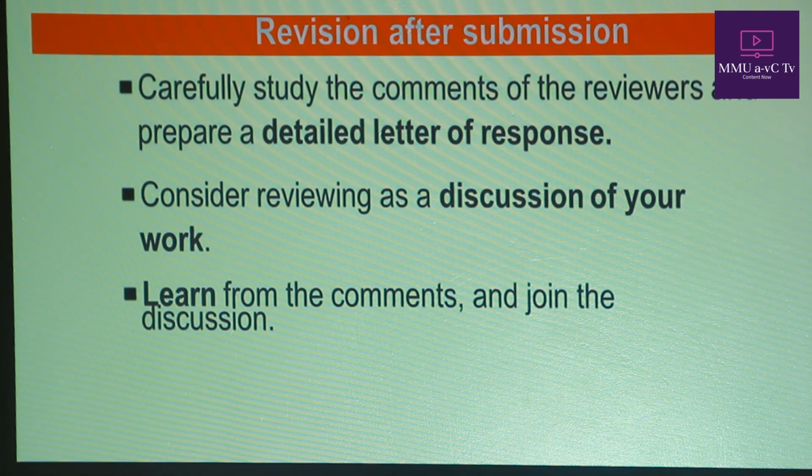Now, carefully study the comments of the reviewer and prepare a detailed letter of response. So when you receive these comments from the reviewers, you as an author, you are supposed to attend to each and every comment that has been given by the reviewer. Consider reviewing as a discussion of your work.